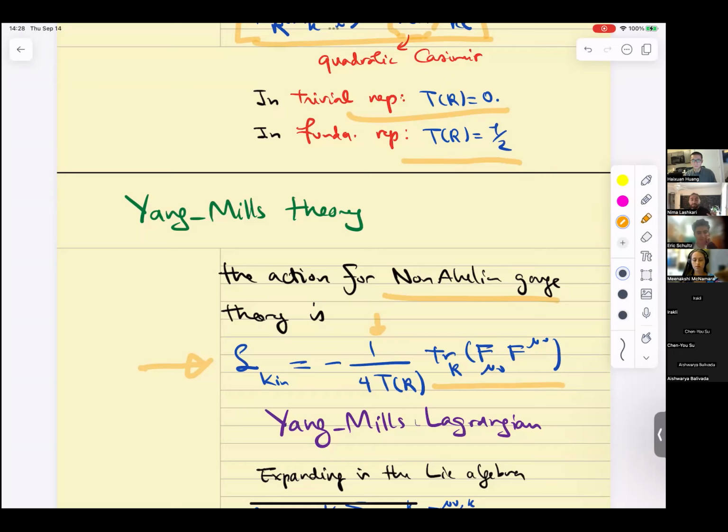We saw that you get a field strength out of it, which is not gauge invariant. It's only gauge invariant in abelian cases. In non-abelian cases it's gauge covariant, so it's unphysical. However, F mu nu times F mu nu, as matrices you multiply them, you have to take a trace in the representation. That beast is gauge invariant. That was the action that they suggested. It's called the Yang-Mills theory.